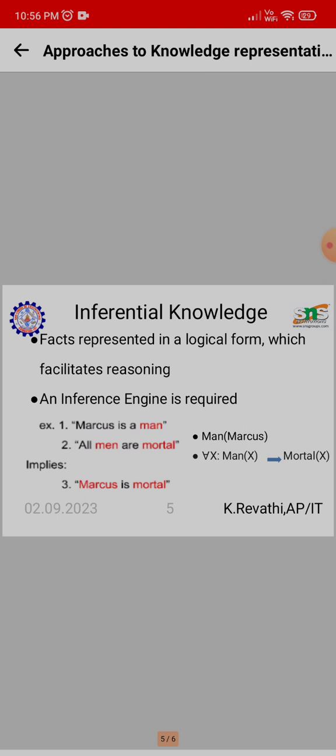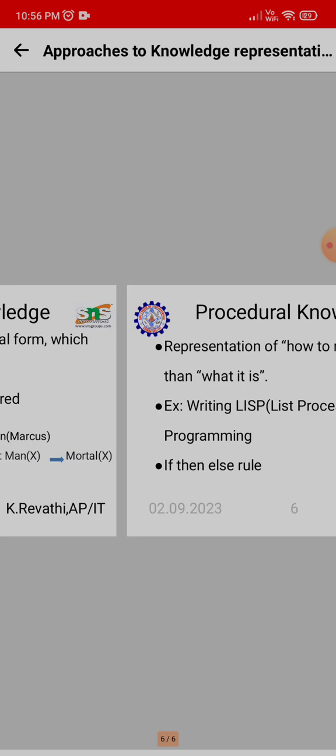That implies Marcus is mortal. For all x, man of x gives mortal of x. These are the facts, and the answer will be inferred from the facts given in the knowledge base.